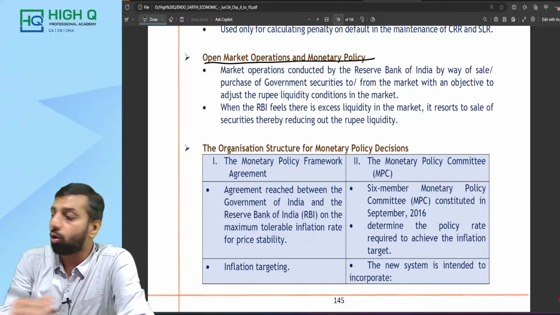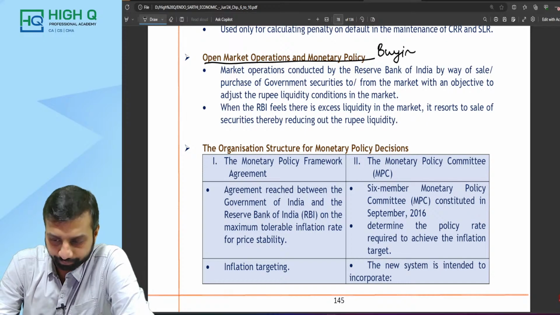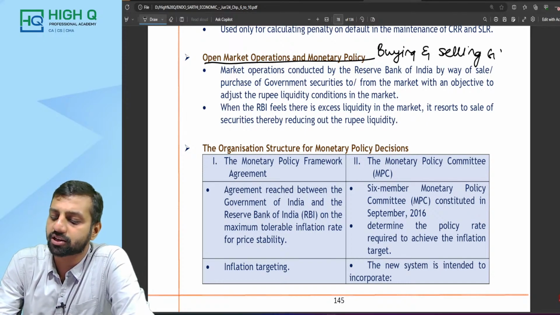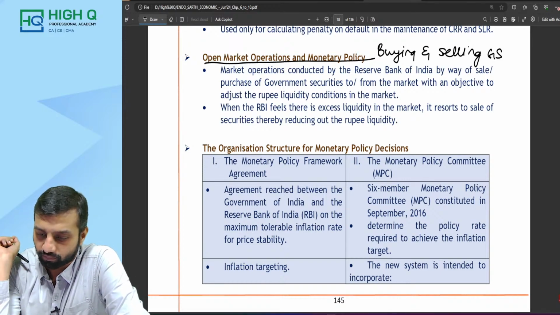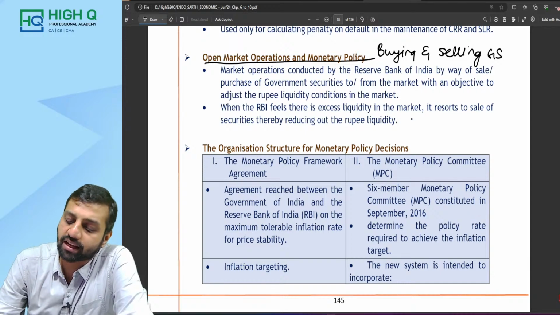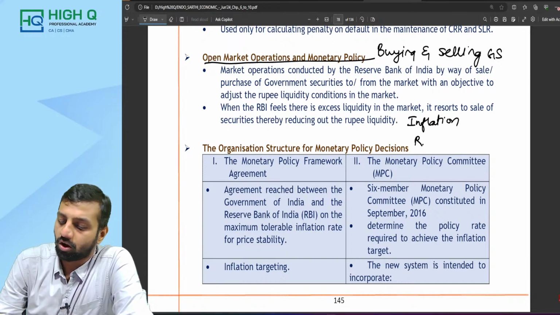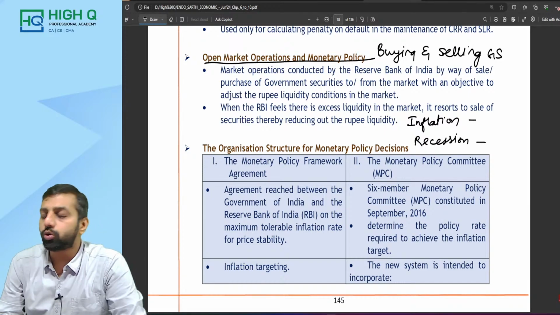Then we have open market operation, in which we will do buying and selling of government securities for long term. So tell me, if in our economy there is inflation or recession, what should RBI do during inflation?